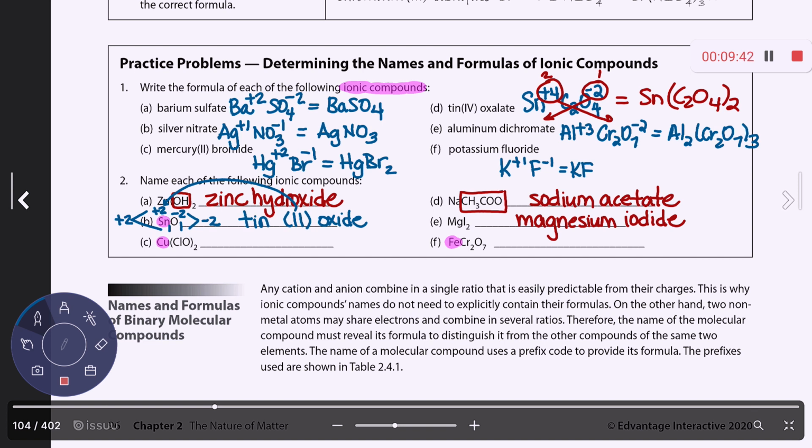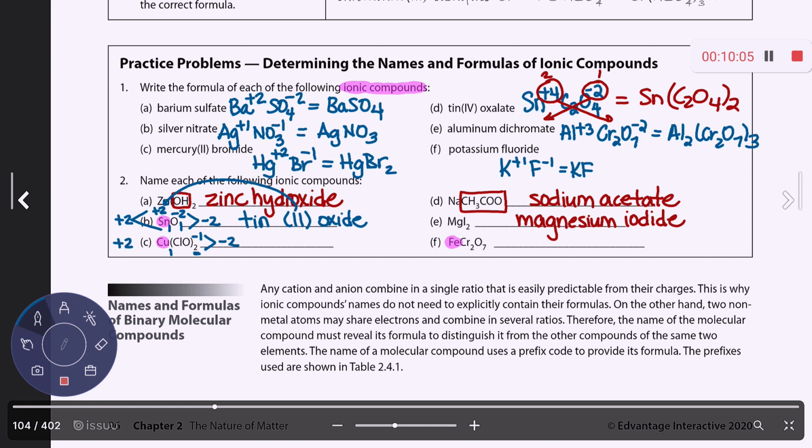And then for C, we haven't done one that's in parentheses yet. So for C, I have 2 ClOs, okay? The charge on ClO on your periodic table is going to be a -1. When you multiply these together, you get a -2, which means you would want a +2 on the other side.